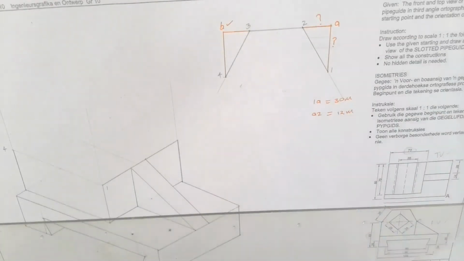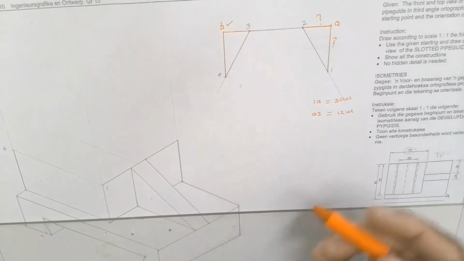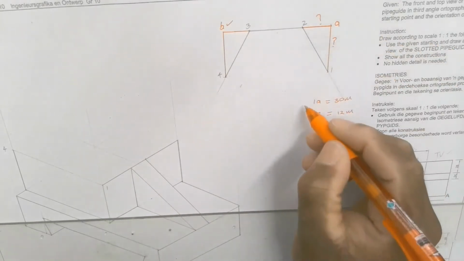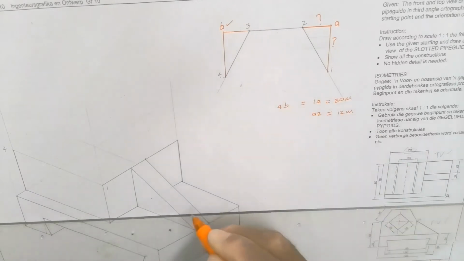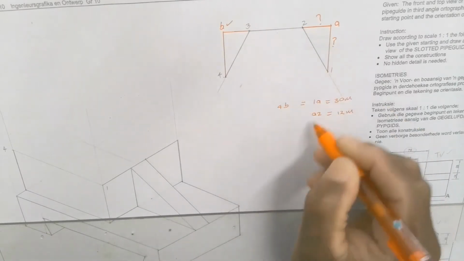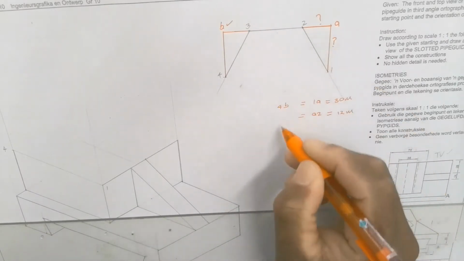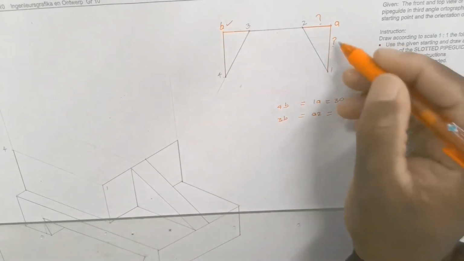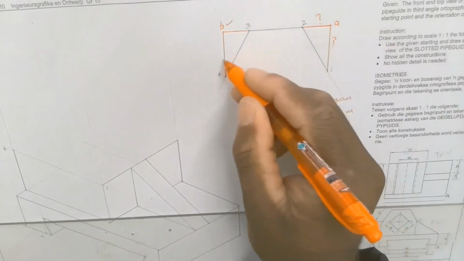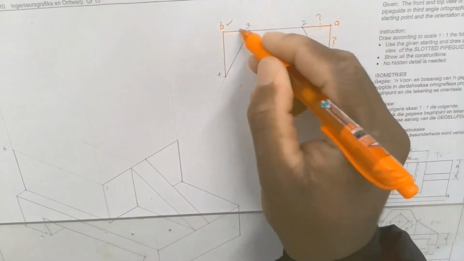Now I get into my isometric drawing. 1A, remember, before I move on, 1A is equal to 4B. A2 is equal to 3B. All right, so that distance is equal to that distance is equal to that distance.